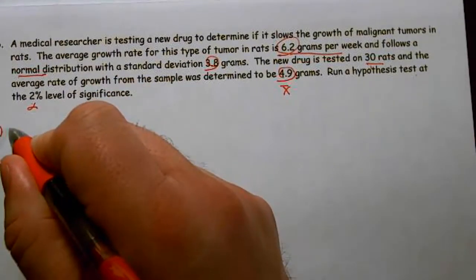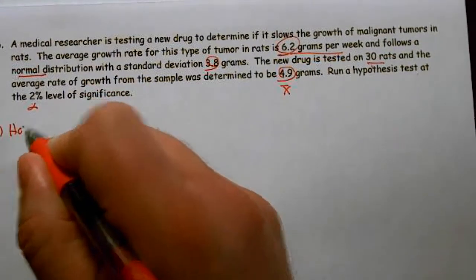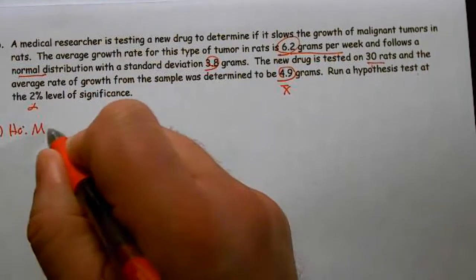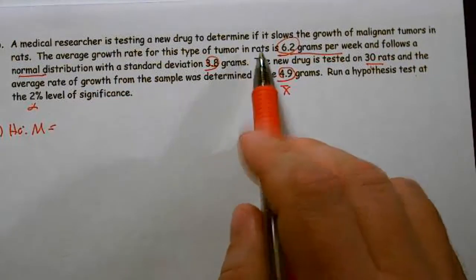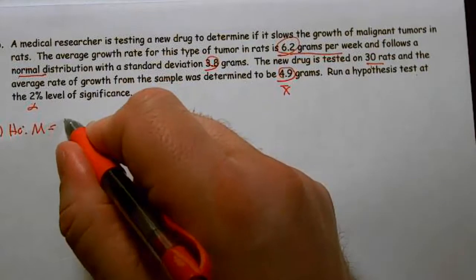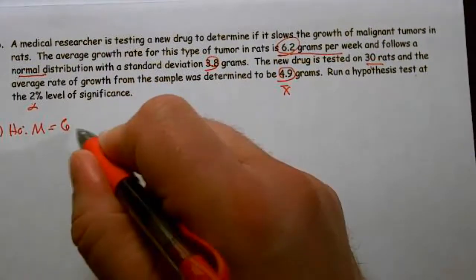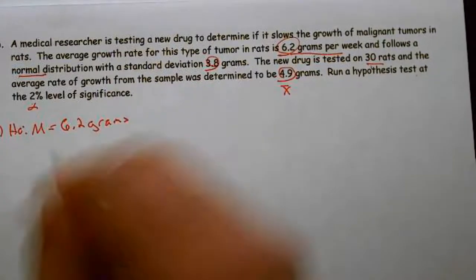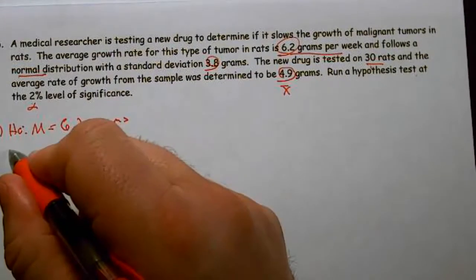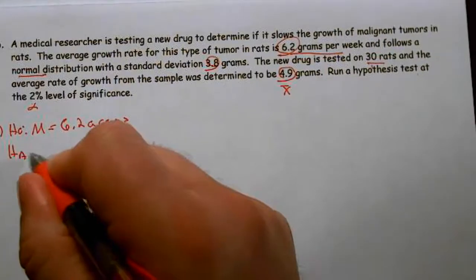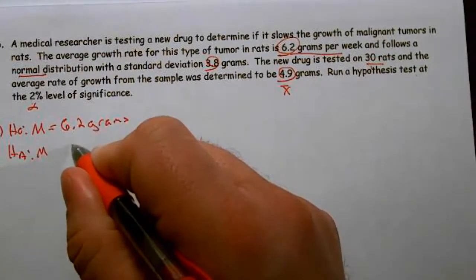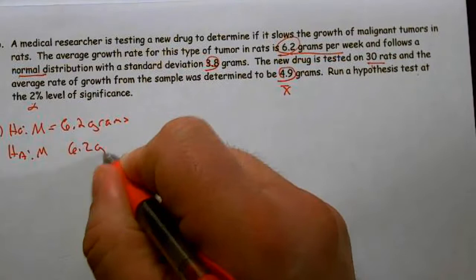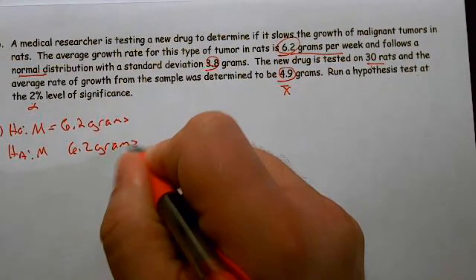So H0, the claim. Well, what has it been historically? Historically, the growth rate has been 6.2 grams. That's how fast the tumor has been growing. The alternative, mu, and we also keep this part the same.